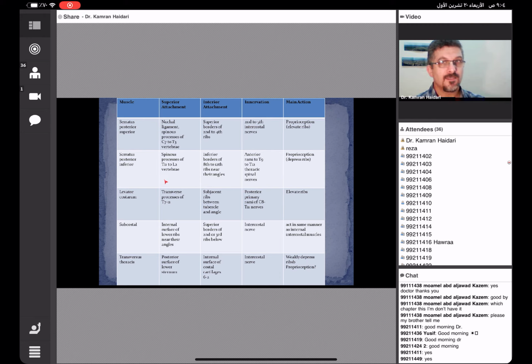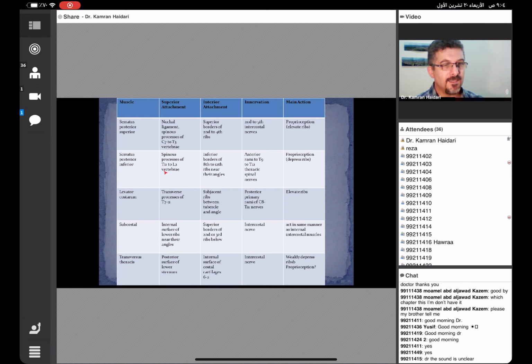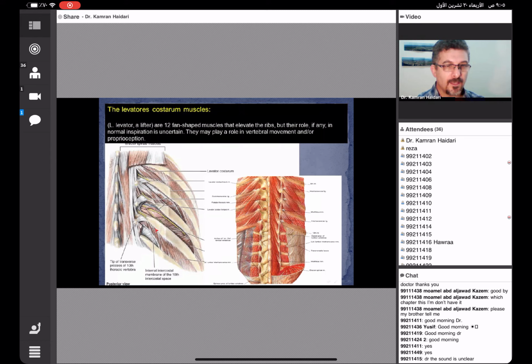It attaches to the inferior border of the ribs, with a supralateral direction, ribs 8, 9, 10, 11, and 12.